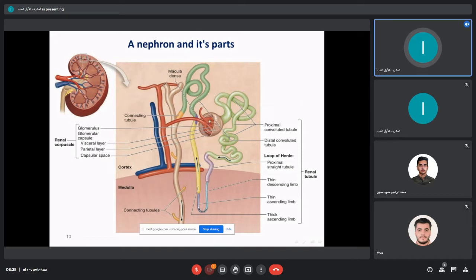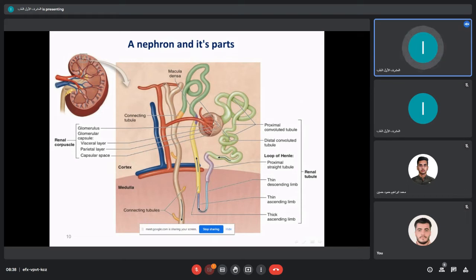So the renal corpuscle consists of the glomerulus, the network of capillaries, surrounded by this capsule, the Bowman capsule, and between the network of capillaries and the capsule is a space where the filtration occurs. This filtrate, the urine, will pass next into the tubules.